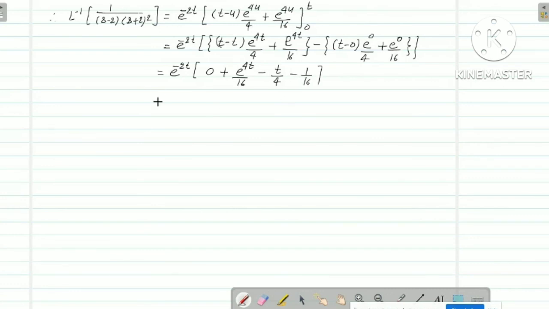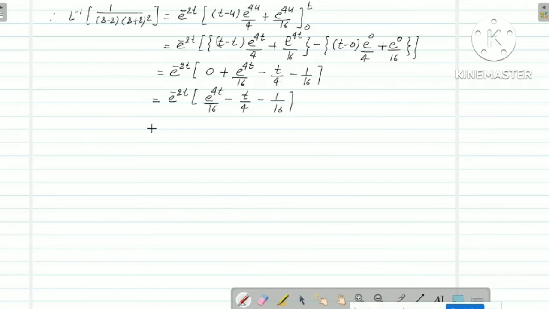Write in proper way, e raised to minus 2t, e raised to 4t by 16, minus t by 4, and minus 1 by 16.